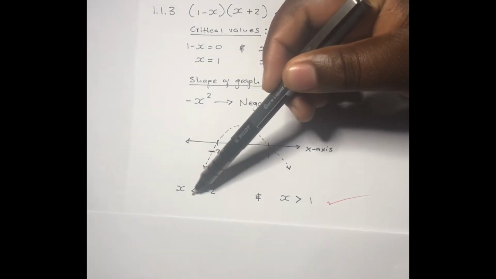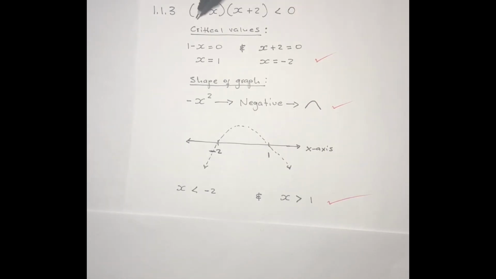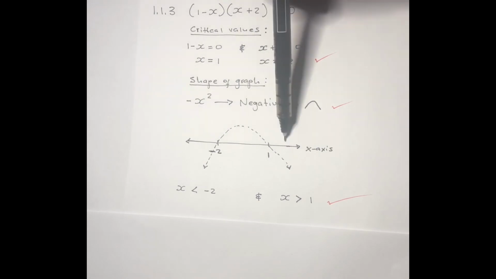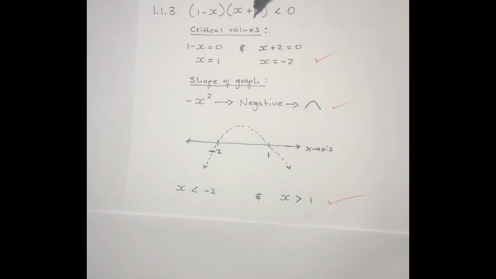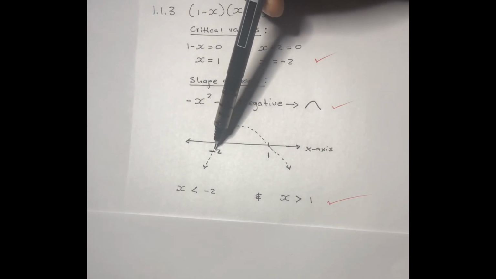So to determine the sign of the inequalities, you need to know which values of x give you a number which is less than 0 when you substitute on this function. So that's where the critical values come in. We make use of these critical values to determine which values of x, when we substitute on this equation or function or graph, give us a value which is less than 0. So we'll then start using a number which is less than -2.